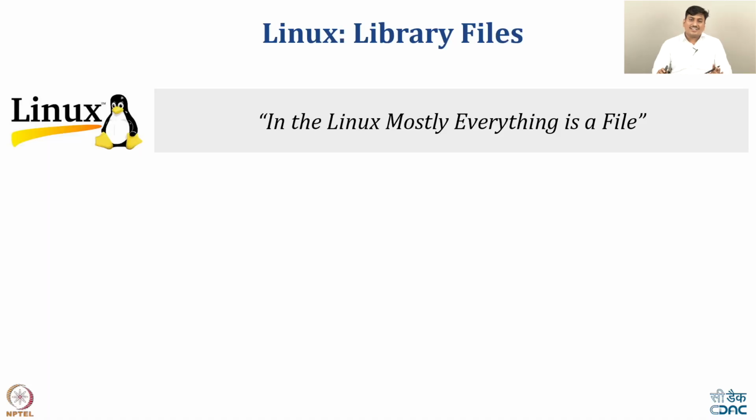So now let us try to understand the Linux library files and the directory structure, another important aspect of the Linux operating system. Basically, in Linux everything is a file. Whether it is a directory or a device, Linux, from the kernel perspective, treats everything as a file.